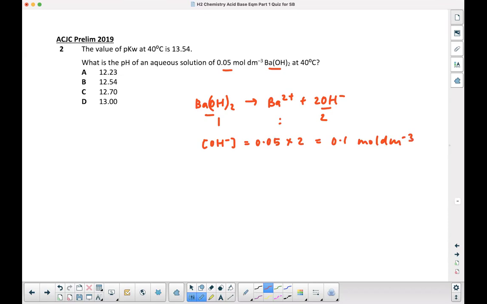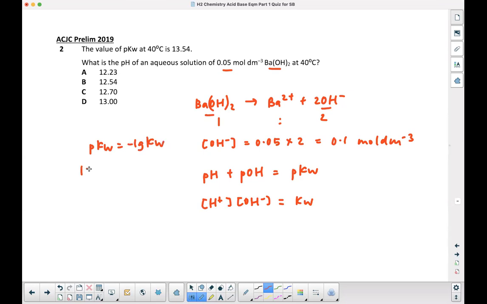So there's this formula, pH plus pOH equals pKw. Is it okay? So you can use this formula, or you can use [H+] times [OH-] equals Kw. All right. So pKw is minus log Kw.